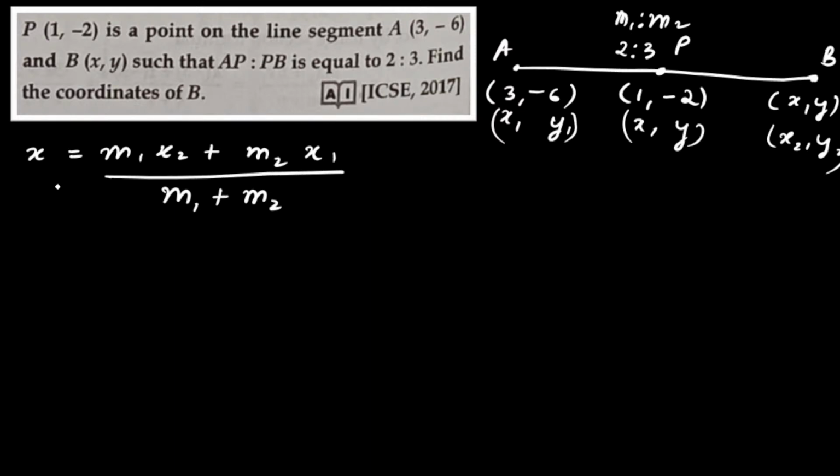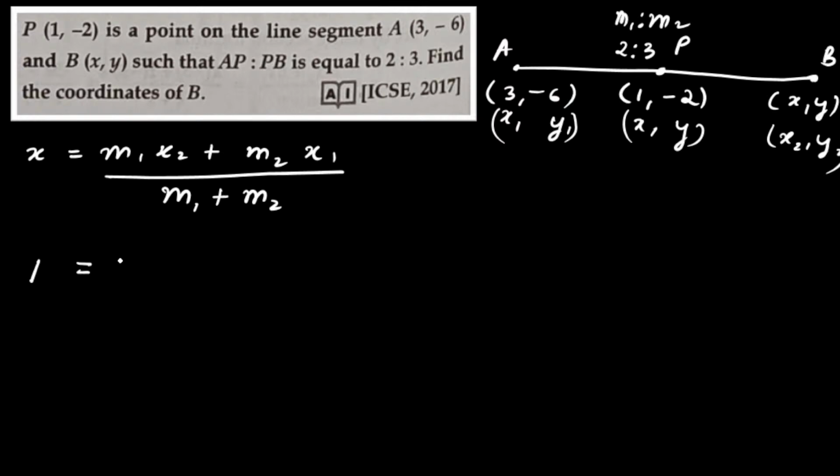X value, so x is the coordinate of P here. So x value is 1. The value of x is given to us. So this x is the coordinate of P. So you have to see what's the value of x coordinate at P. So it's 1. So I'm just substituting now.